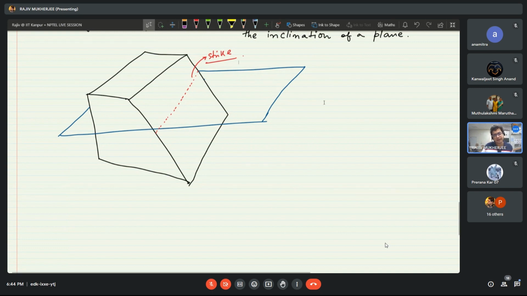So talking about dip direction, we always take the direction perpendicular to the strike line as our dip direction. So the plane is actually dipping in this direction in such a way that it makes a right angle with the strike direction, right?